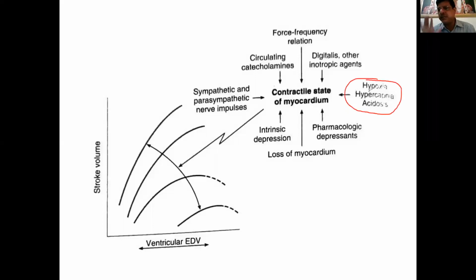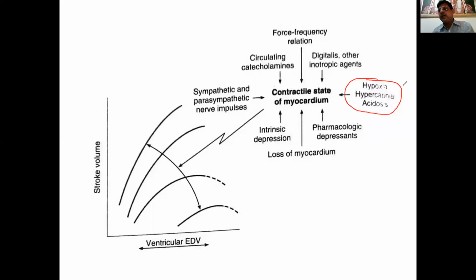So we need to clarify some things. What is hypoxia? Who is roll number 147? Name and parent. Hello, good morning. Roll number 147. Yes, sir. Sriharika, sir.